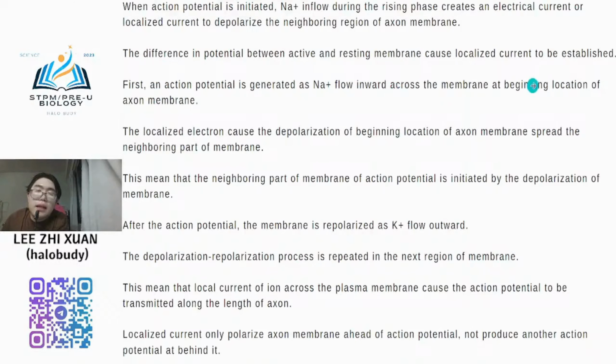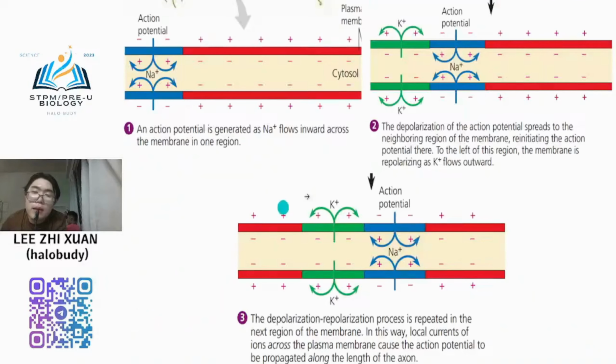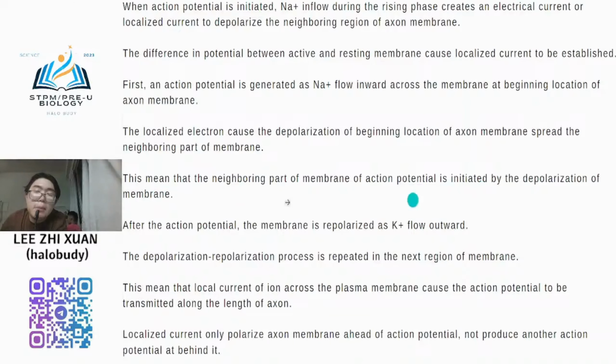Normally at the beginning location, the localized current will cause the depolarization of the beginning location and be spread to the neighboring part of the membrane, meaning that in the neighboring part of the membrane the action potential is initiated by depolarization of the membrane. After the action potential, the membrane is repolarized back to resting state, right? So this depolarization and repolarization process is repeated.